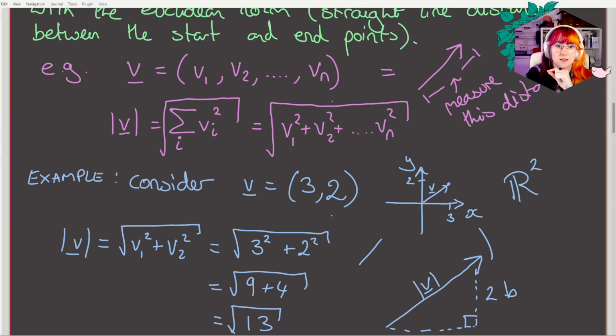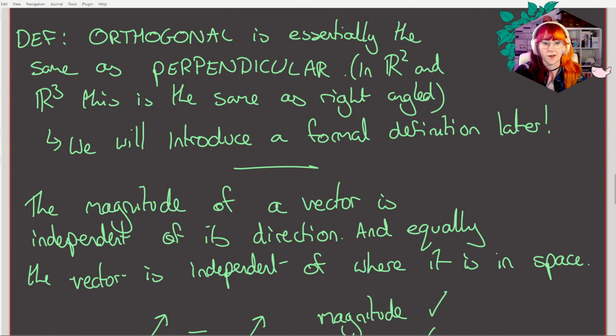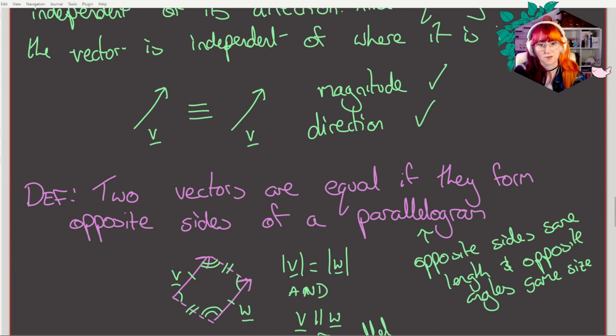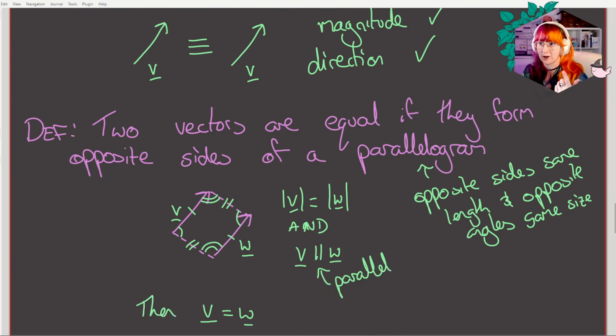These things here are elements of V, normally denoted V_i, for just like a general, any of the elements inside of it. Some nice examples. Orthogonal and perpendicular are basically the same thing for right now. And to say that two vectors are equal, they have to make this parallelogram in space. So their size must be the same, and they must be parallel to each other.